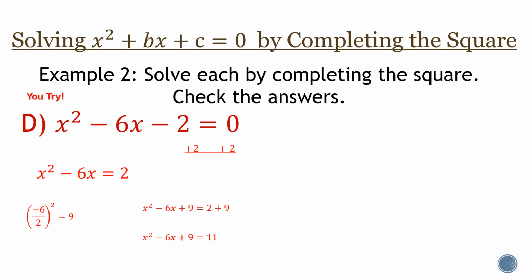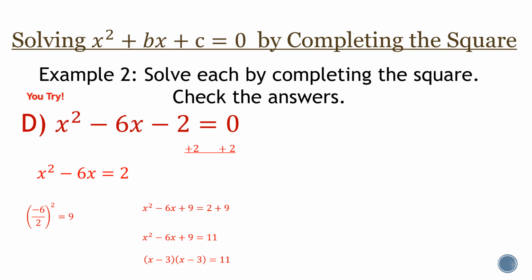And again, I could factor the left side of the equation by either the area model, the big X method, or because I know it's a perfect square trinomial, I'm going to take the sign of my b value and half of my b value for my binomial, in which case I should have x minus 3, because 3 is half of 6, and I use the sign of my b value, which is a negative. So again, x minus 3 times x minus 3 equals 11.